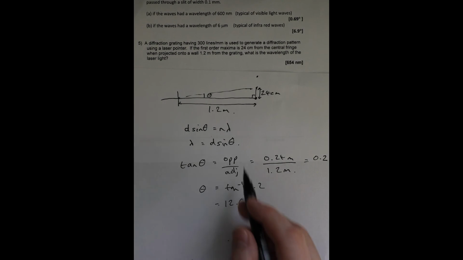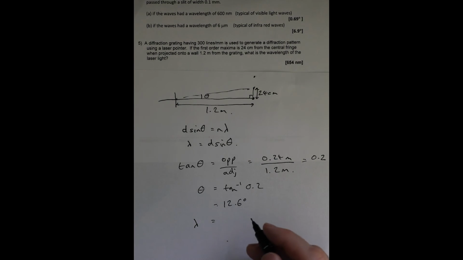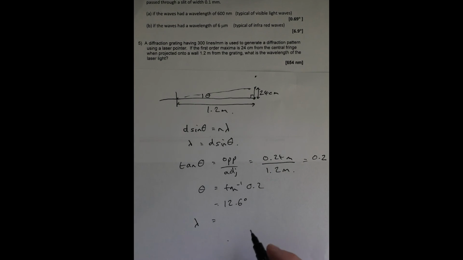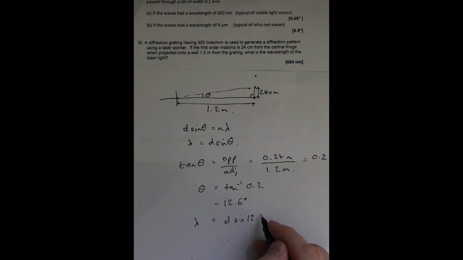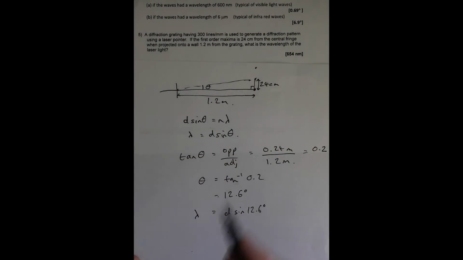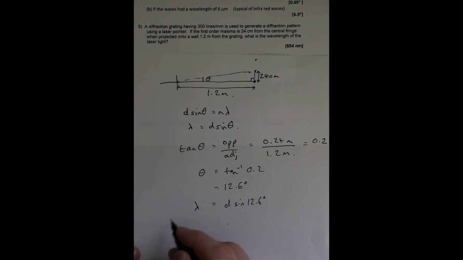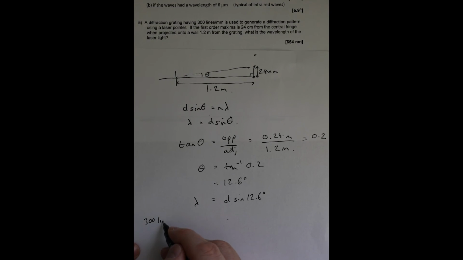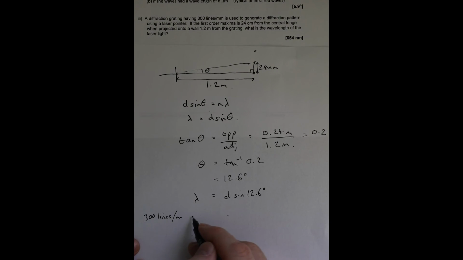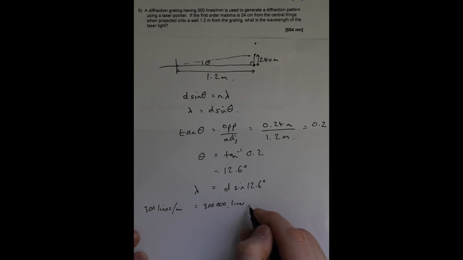Okay, so then if we put that back into our equation, lambda is equal to d sine of 12.6 degrees, but d we have to calculate because we know that the number of lines in the grating is 300 lines per millimeter. So basically, 300 lines per millimeter is equal to 300,000 lines per meter.